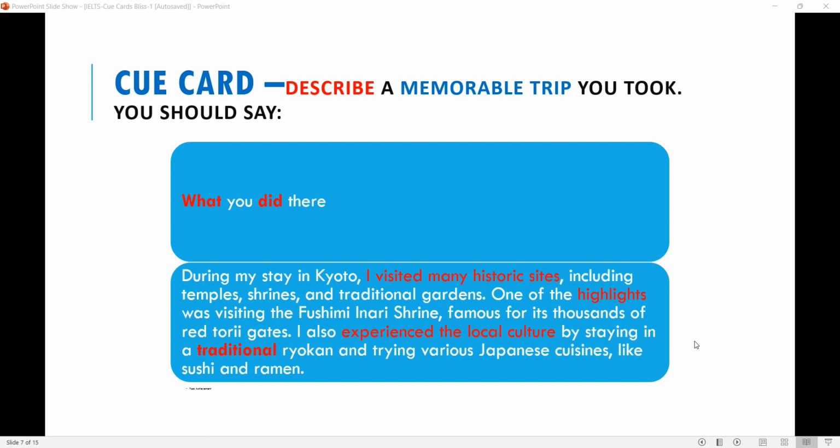I also experienced the local culture by staying in a traditional ryokan and trying various Japanese cuisines like sushi and ramen. So, for what you did there, we need to talk about what we did there. We traveled, we saw the places, we had some interesting, tasty cuisines, and also the places. You need to say that in a couple of sentences.